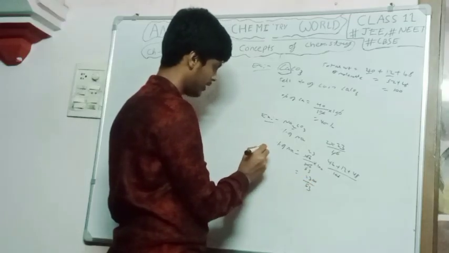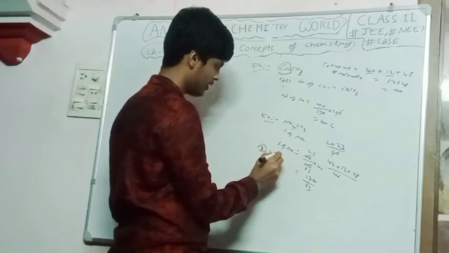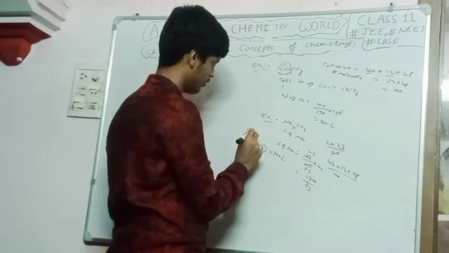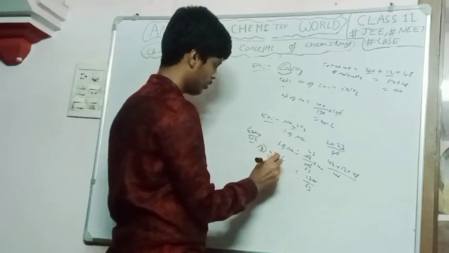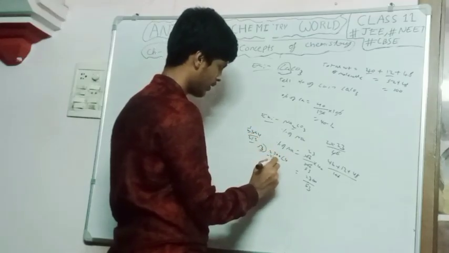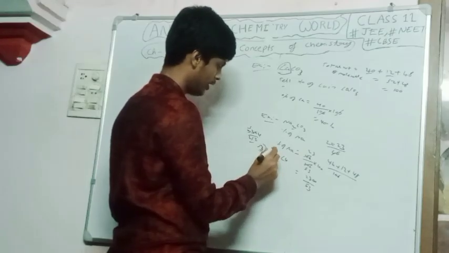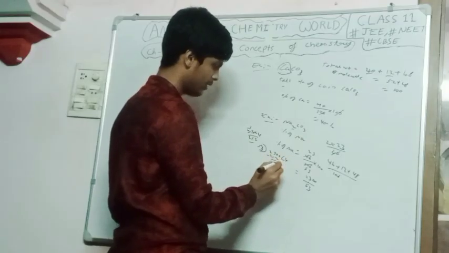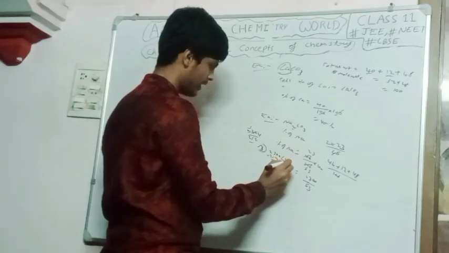I will calculate with 53. 53 into 4 is 212, which is 4 times, then 18, so 180 means we take 3 times.